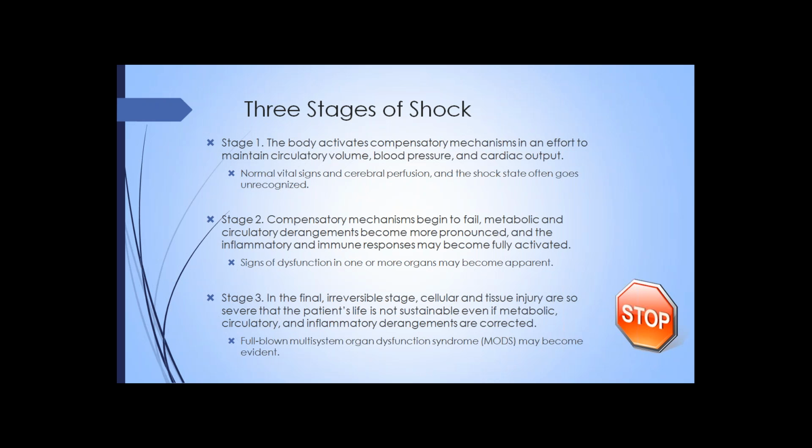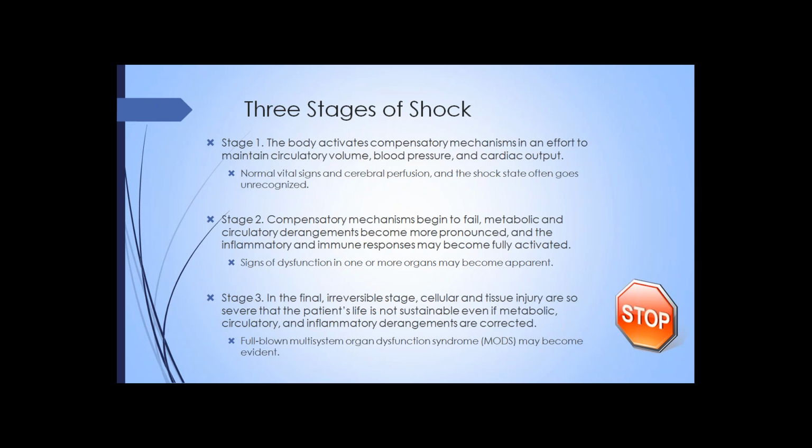This is where cellular and tissue injury are so severe that the patient's life is not truly sustainable, even if you corrected your metabolic, your circulatory, and your inflammatory derangements. You correct all that, the patient will still not survive.